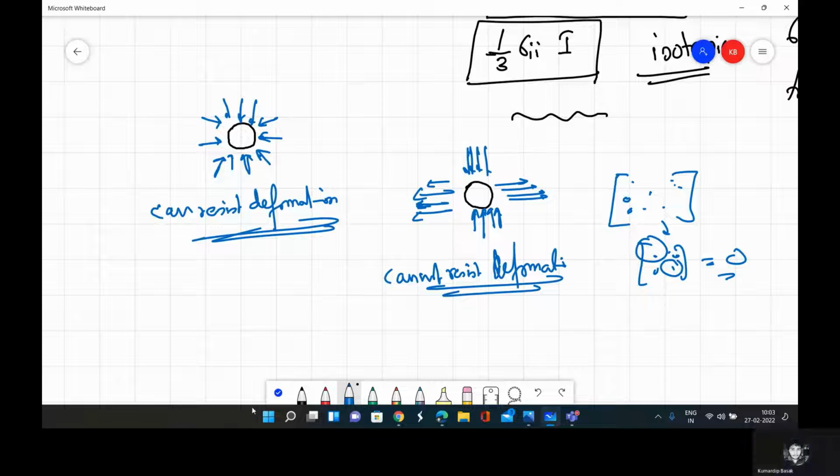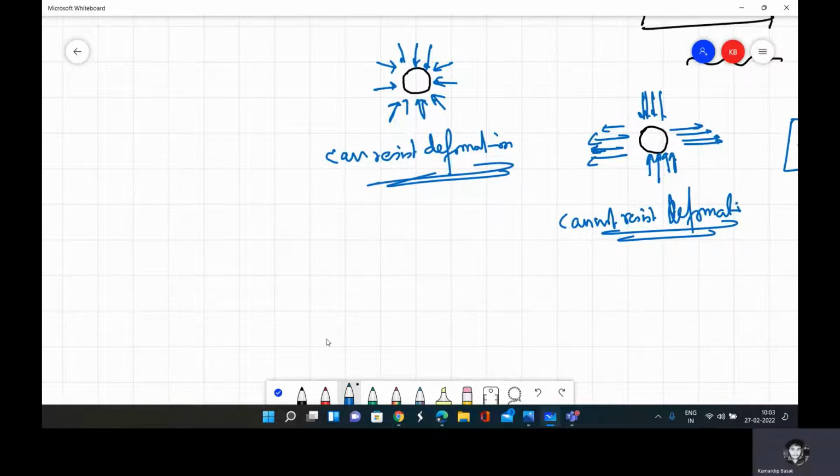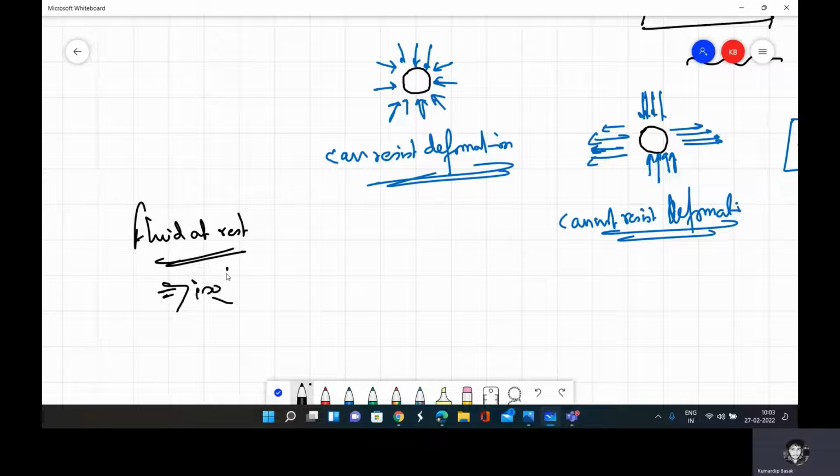Again, considering the physical aspect, to keep the fluid at rest it should not have any deformation. It is at rest, every force is balancing each other. So this is nothing but simply the isotropic condition.